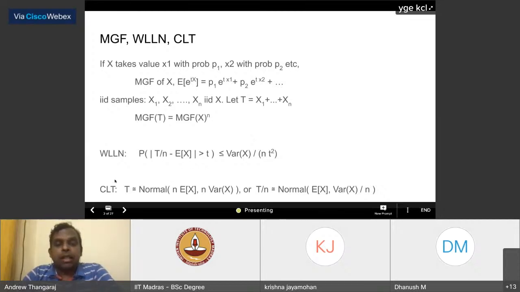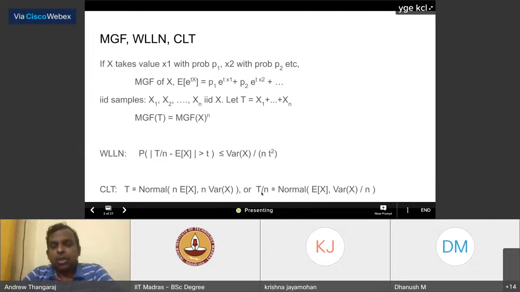Okay. And even more powerful in practice is the CLT, which approximates sums of IID random variables by the normal distribution with mean n times the mean and variance n times the variance. Or you could do T by n, in which case you would get something else. The standard deviation goes as a square root, and that is something to be careful about.